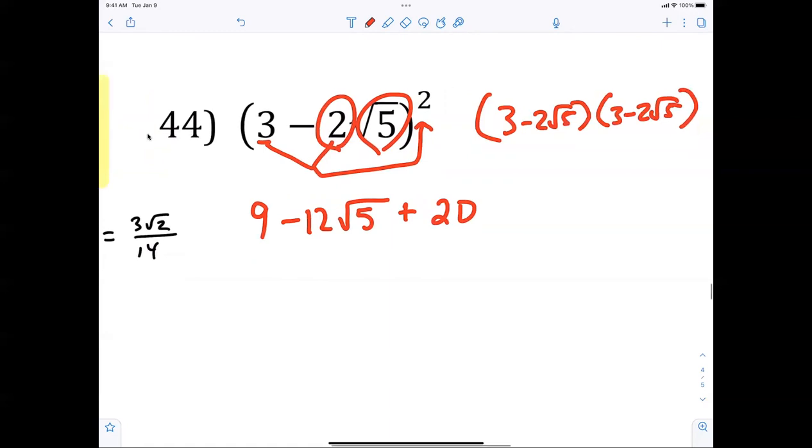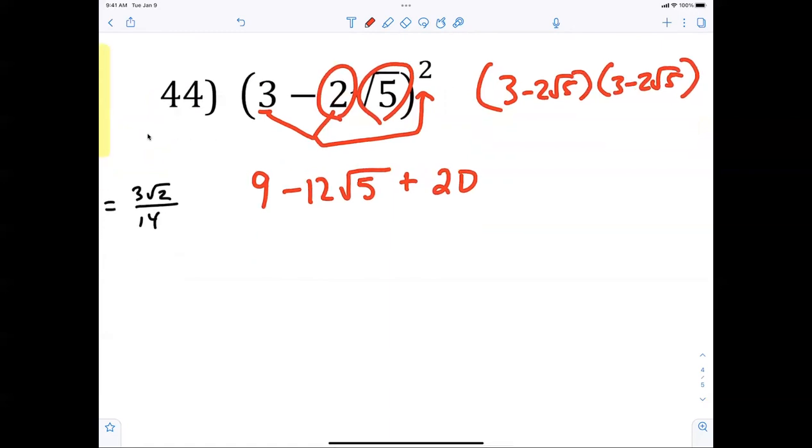All right, so your final answer now is why 17? Well, 29 yeah. minus 12 radical 5. I accidentally added it together. All right. Anybody have any questions with that?